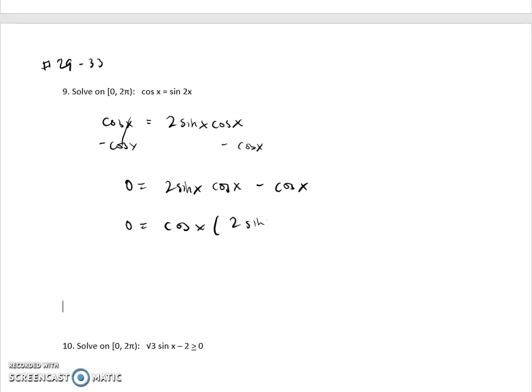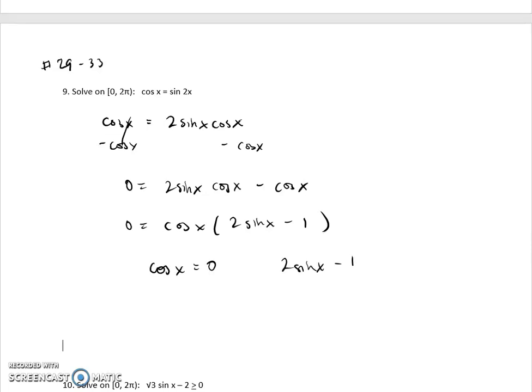So we're going to have 2 sine x minus 1. Got something times something equals 0. That's what we want to break this up. So I can break this up as cosine equals 0 and 2 sine x minus 1 equals 0. And we should be able to solve these.